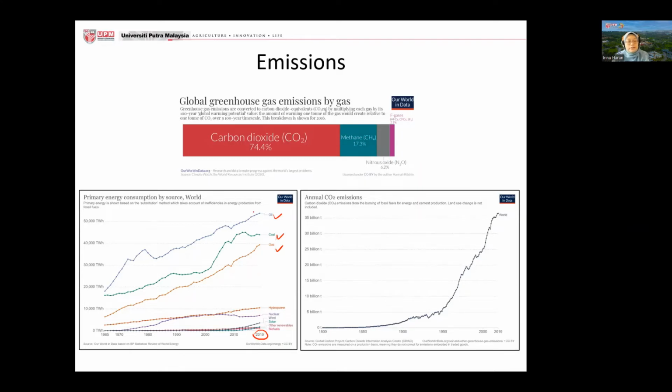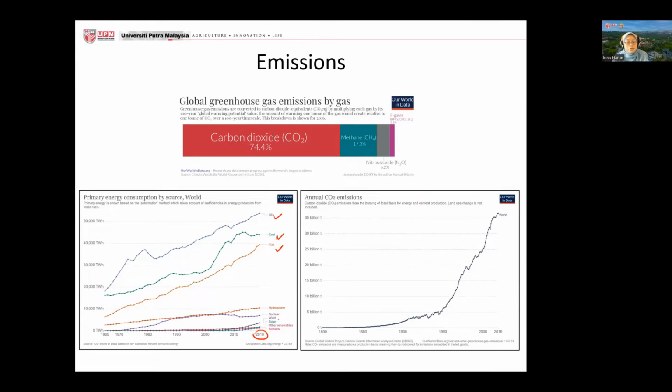And that's how, when we compare the emissions, of course, you've learned already, right? When oil is burned, when coal is burned to produce energy, the carbon emitted is a lot more compared to things like hydropower. It doesn't really produce CO2.